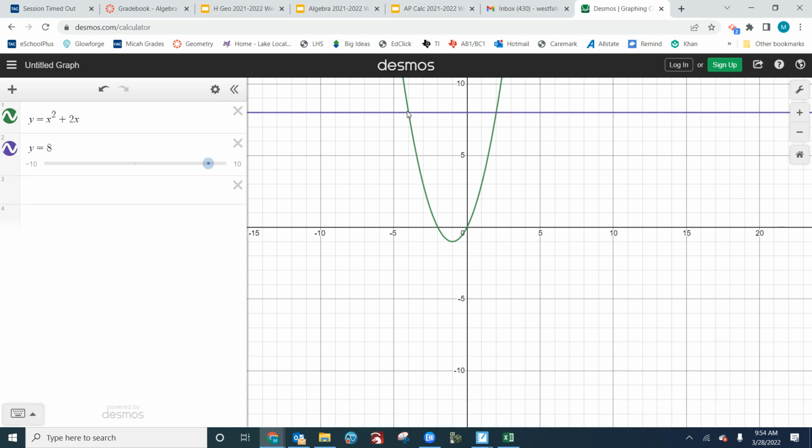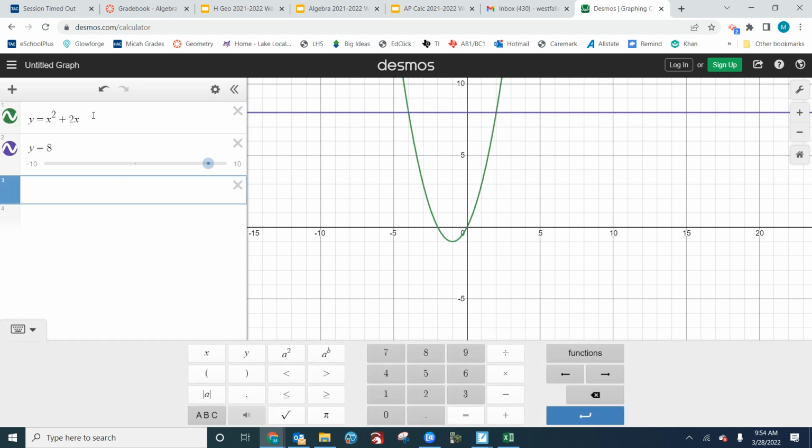All right. If you graph both, you're looking for where they cross. Did you get x equals -4 and x equals 2? You guys good with that?